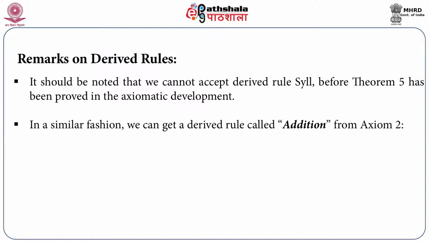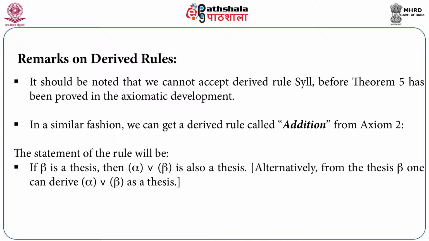For instance, let us look at axiom number 2. The statement of the rule will be, if beta is a thesis, then alpha or beta is also a thesis. Or alternately, from the thesis beta, one can derive alpha or beta as a thesis.